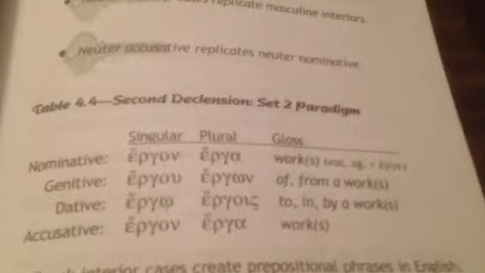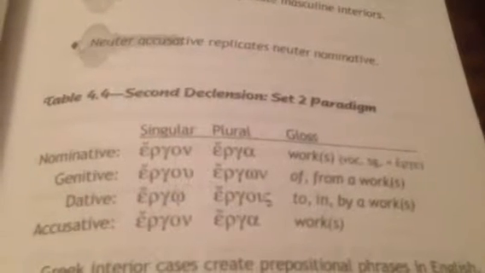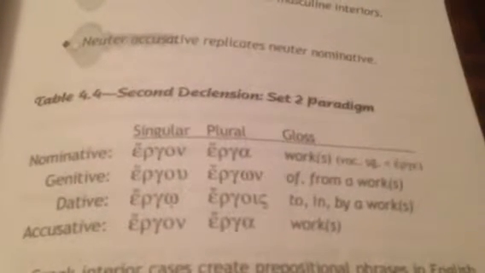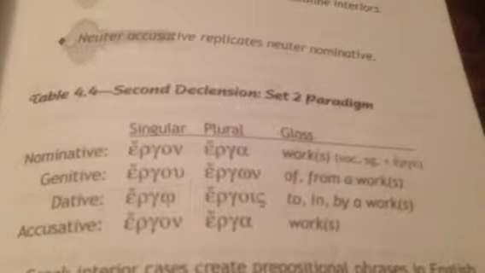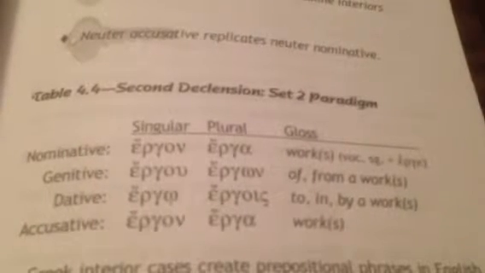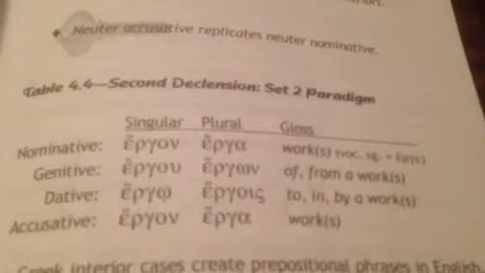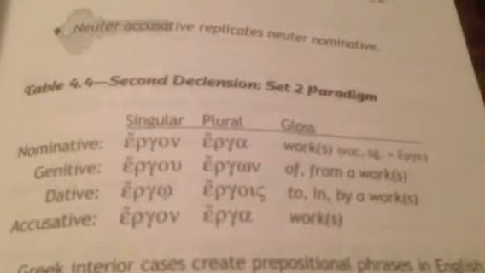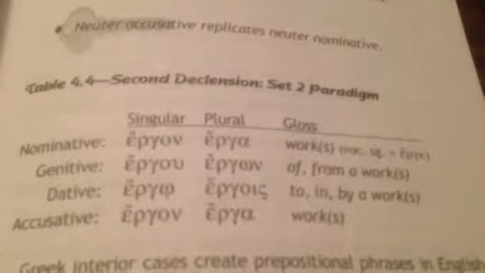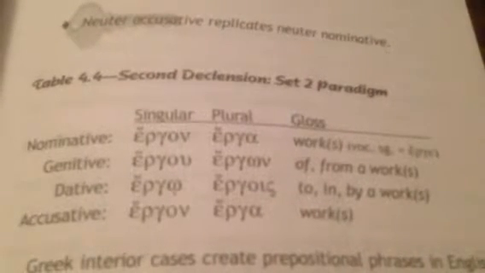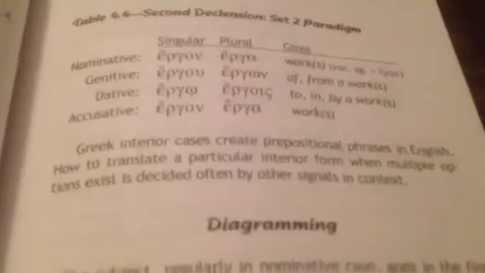Now remember, we don't have articles yet. So when you give a gloss, you may want to make sure that you know how to translate that. I typically like to see an indefinite article also preceding the nominative and the accusative. I think it's more appropriate here.